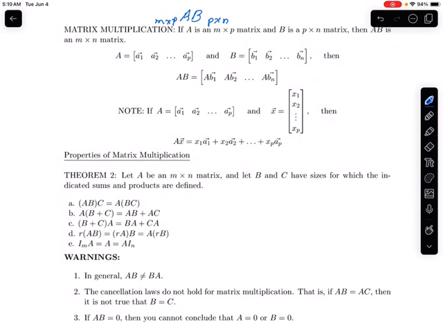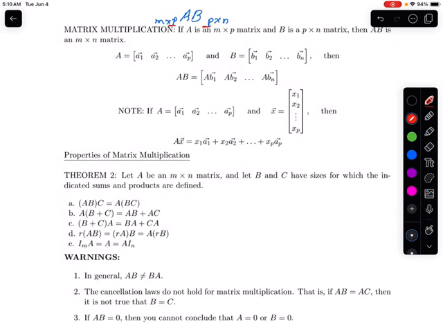What we are looking for is that the number of rows of B should be the same as the number of columns of A. So we are basically looking at these two numbers. When you write the two matrices that you are multiplying side by side, the number of columns of the matrix on the left must be equal to the number of rows of the matrix on the right.